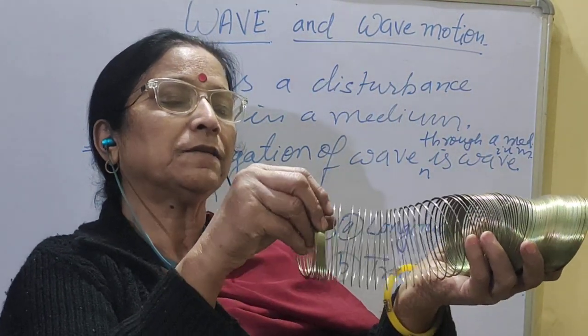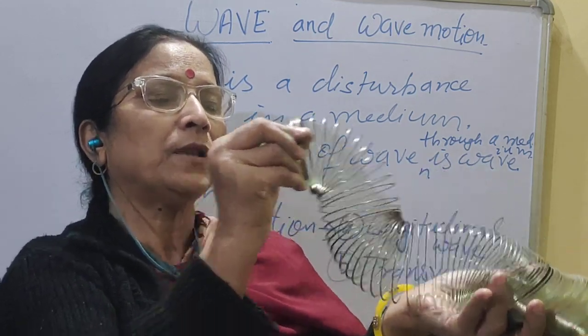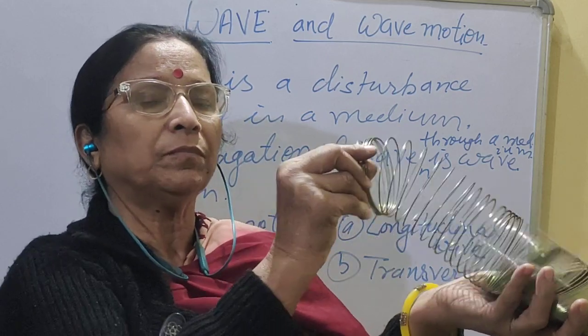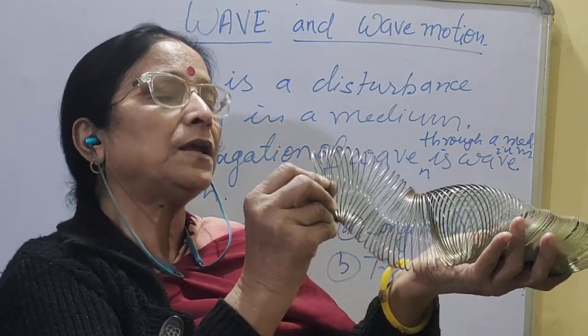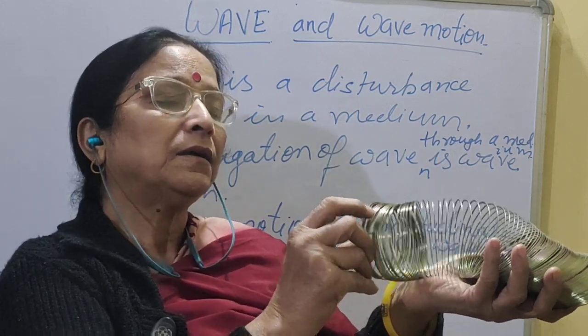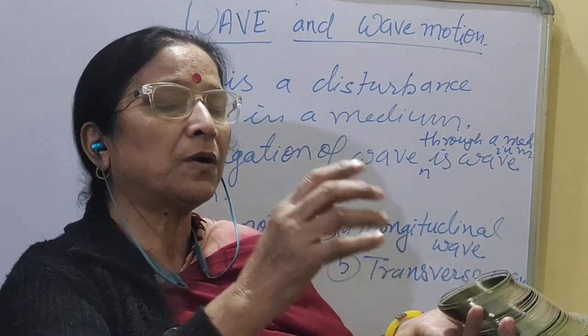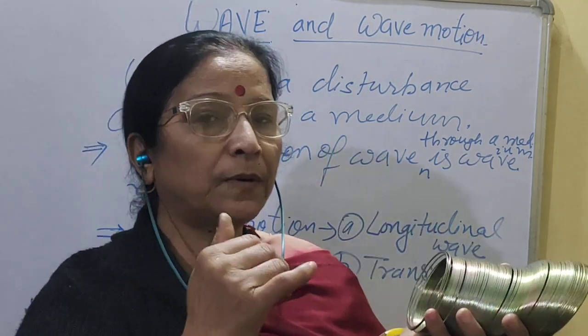So this is rarefaction in the slinky. When we create a disturbance in the slinky, what happens? What we see is that the slinky somewhere comes closer, and that closer means the number of turnings of slinky per unit length moves away from each other.